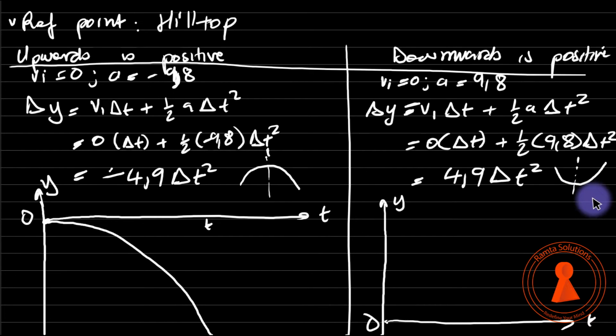If you go to your calculator and say positive 4.9, you will realize that your graph is now moving like this, where this is the time at which the object will be hitting the ground, and this will be the position of the ground below what? Below the hilltop. Remember, this is the hilltop, which is your reference point.